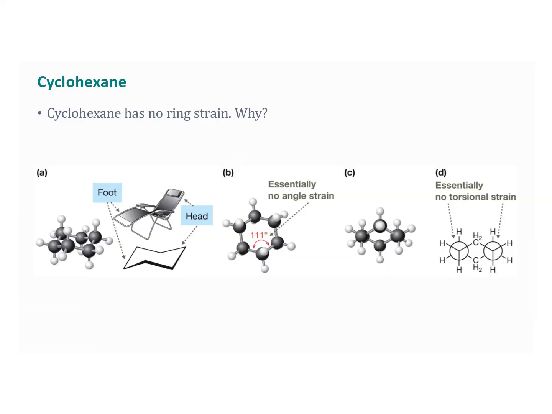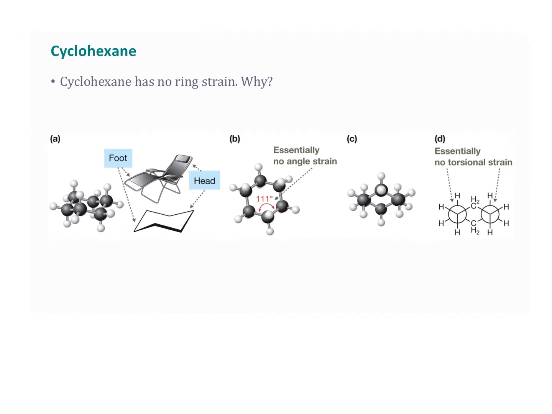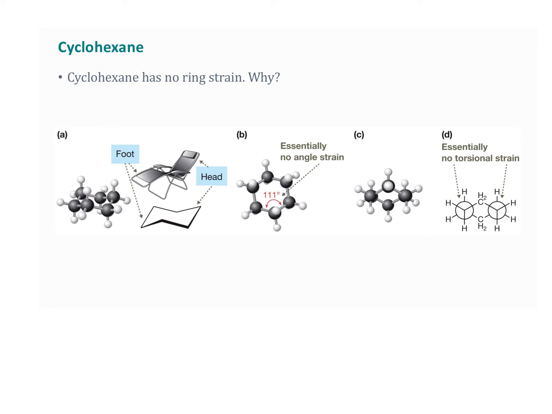So when we looked at table 4.1, it indicated that cyclohexane virtually has no ring strain. And so the question may be, why is this? Why is cyclohexane so special in that it has no ring strain and therefore it's super stable? Well, cyclohexane has very little ring strain because its atoms are not confined in the same plane, okay?